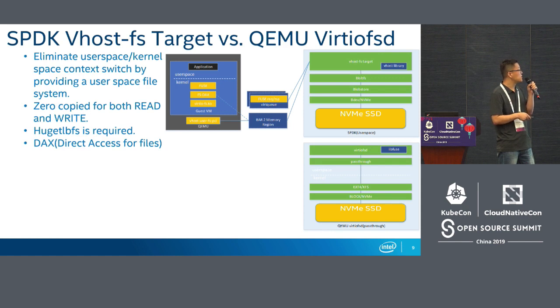So about the SPDK proposals, the backend is all the same compared to the kernel. The only difference is at the fuse target. We do not have the fuse; we host the user library.